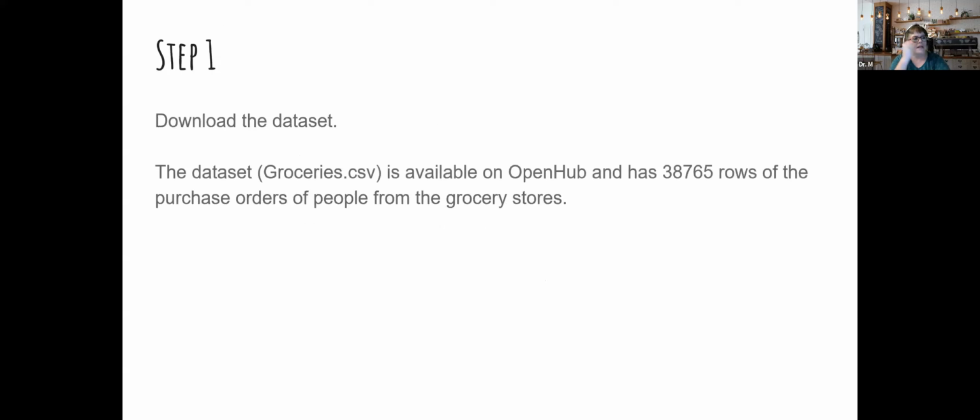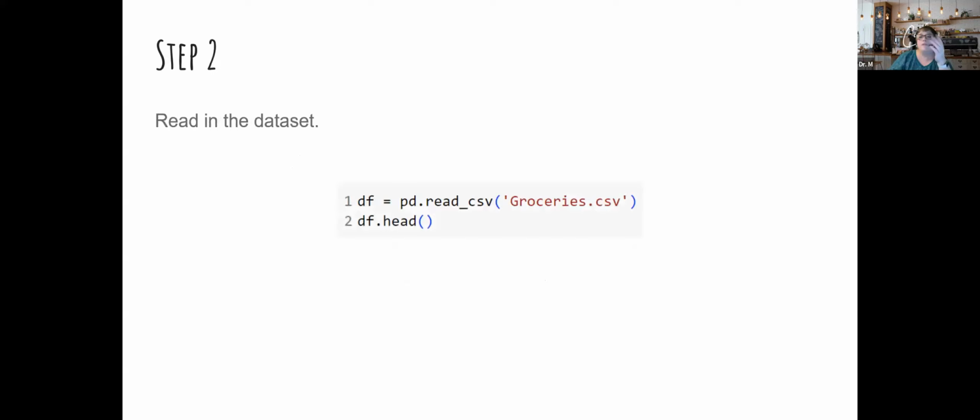Okay. So in our first step, downloading the data set, tonight we're going to be working with the groceries.csv data set. It's available on OpenHub. It has 38,765 rows, and it basically entails the purchases of people from grocery stores. So it's very much in line with something that you could relate with. We then read in the data set.